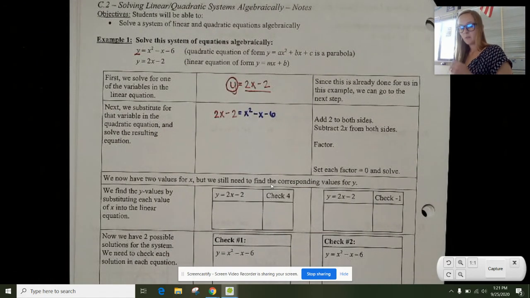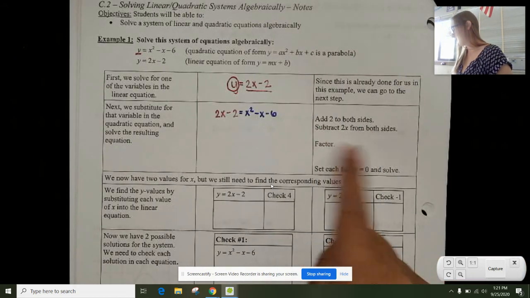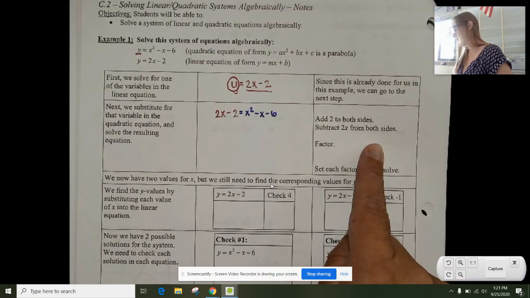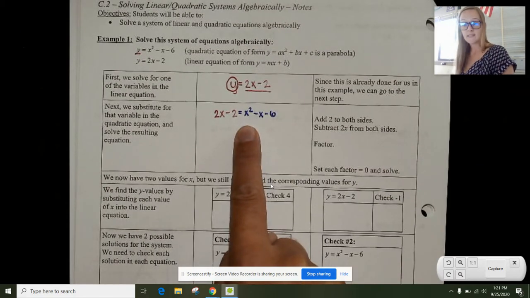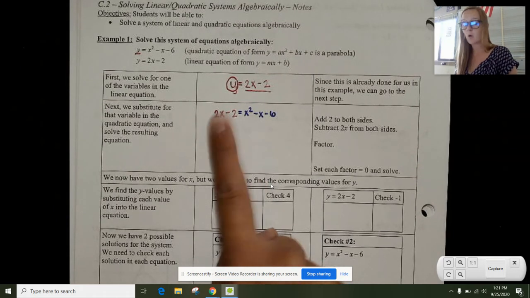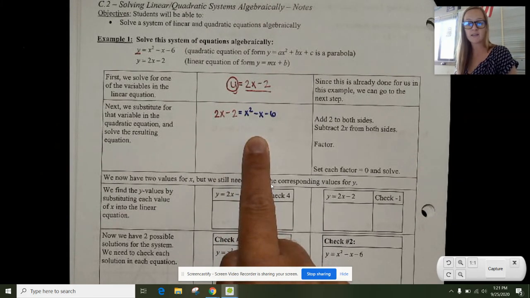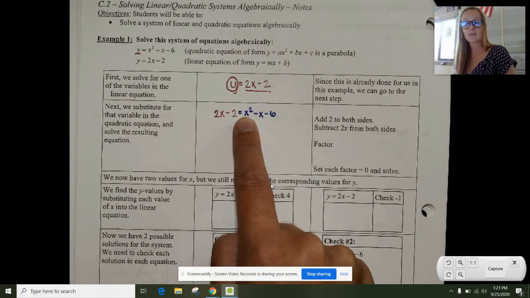So I have a little bit of info on the right-hand side here. Add 2 to both sides, subtract 2x from both sides. The reason I want to do this is because I can see this is a quadratic equation. So when you have a quadratic in here, you always want to move everything to the same side. And I always want to move everything to the side where I'm going to have a positive coefficient for x squared.